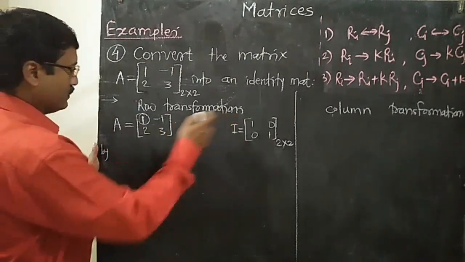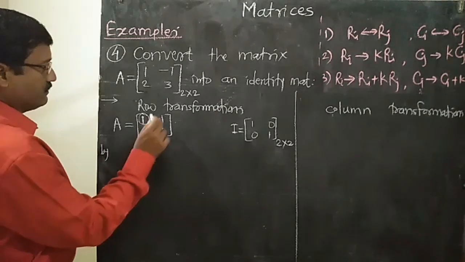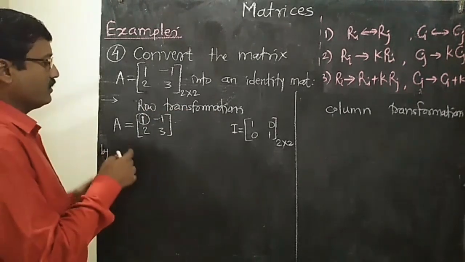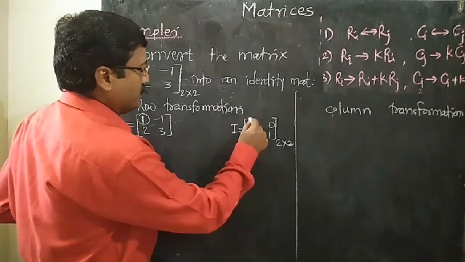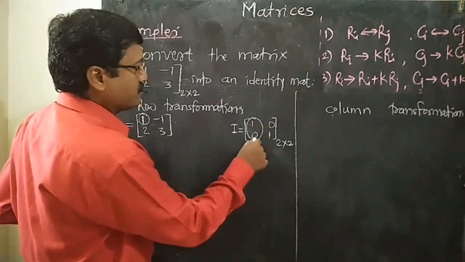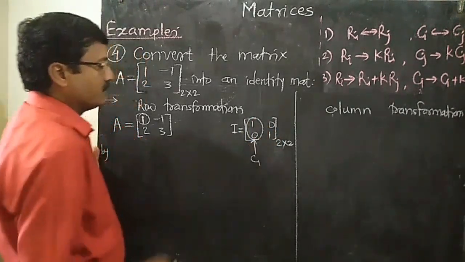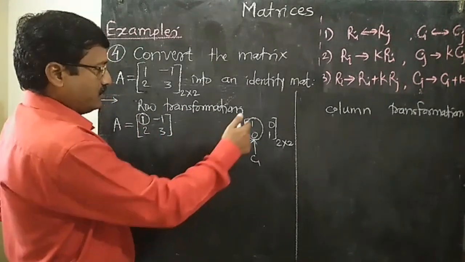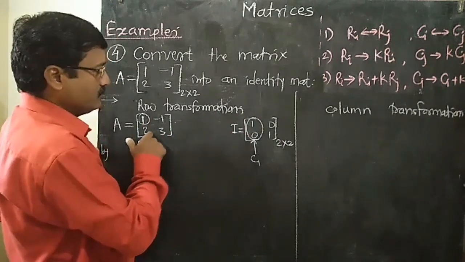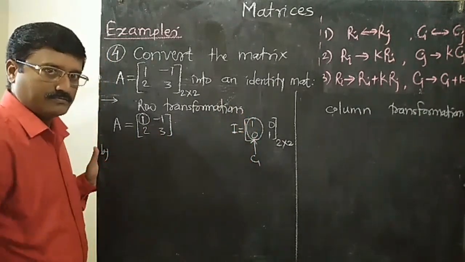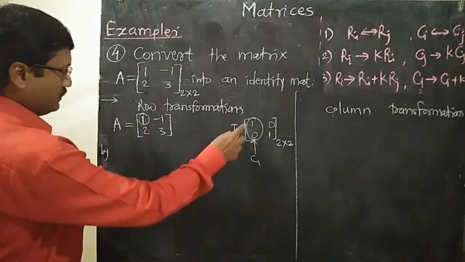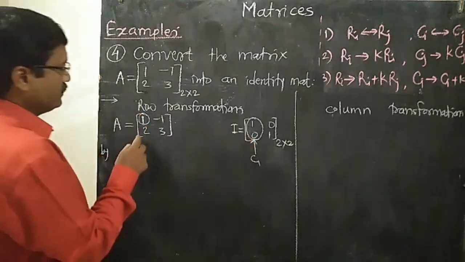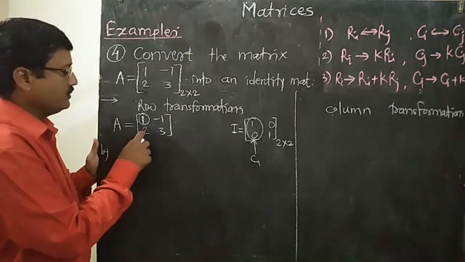So now we are operating row transformations, so we will observe the column. We will first make this first column as 1 0. In row transformations, we will convert first column 1 2 as 1 0. This 1 is already given. Now we want 0 here, means we want to convert this 2 into 0.